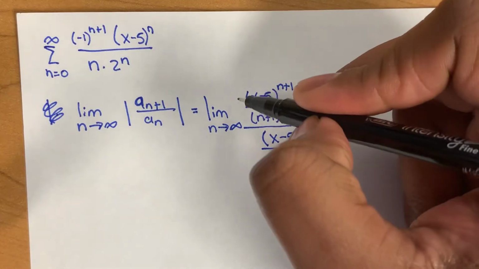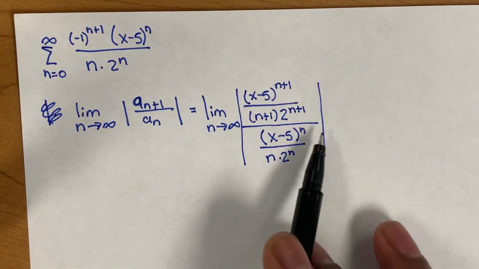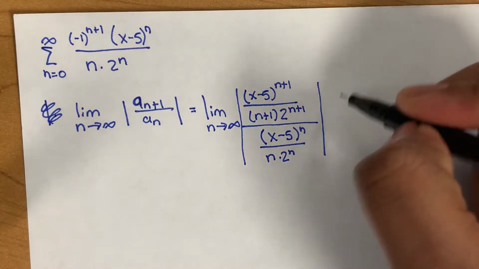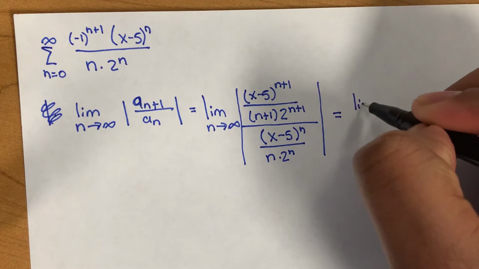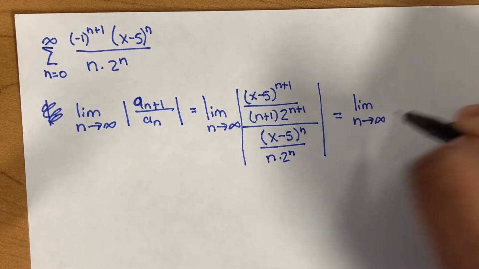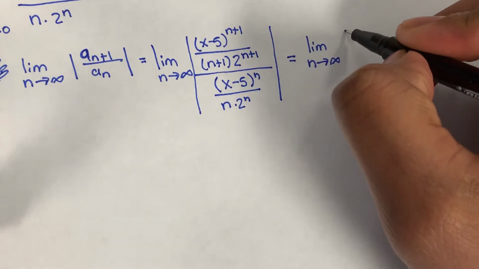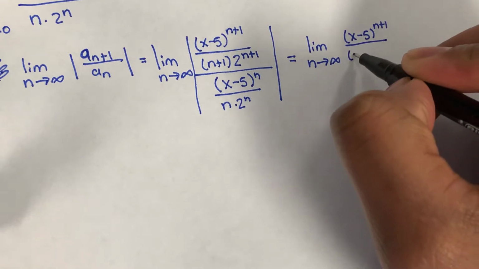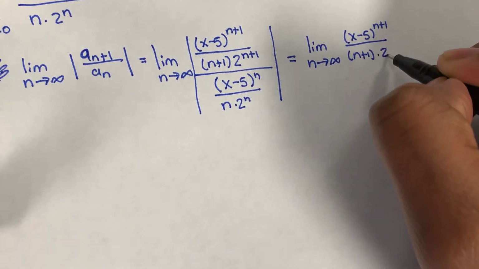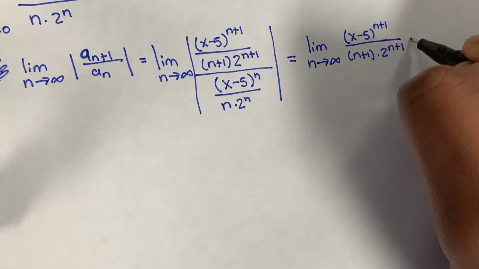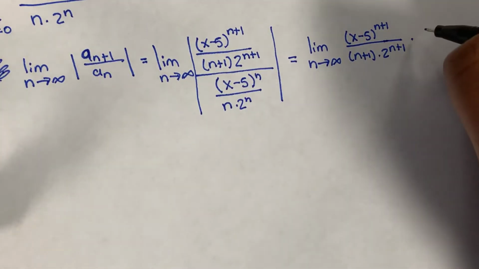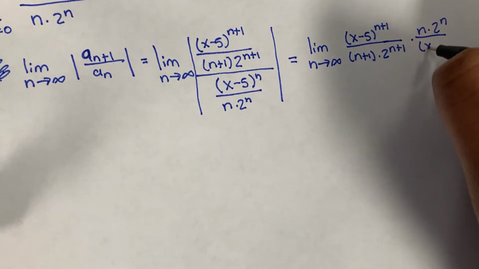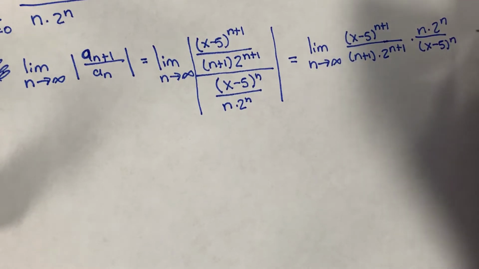One of the things that we're going to do immediately most of the time is never do this division and instead multiply by the reciprocal of our sequence. This is going to equal the limit as n approaches infinity of (x minus 5) to the n plus 1 over (n plus 1) times 2 to the n plus 1, times, now again, we're multiplying by the reciprocal, so it's going to be times n times 2 to the n divided by (x minus 5) to the nth power.